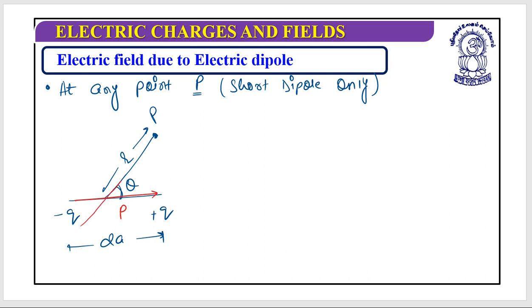So I can write this component as p cos theta, and this would be p sine theta. So if I am asked, these are two dipoles, one is p cos theta and another is p sine theta, can I consider it like this?